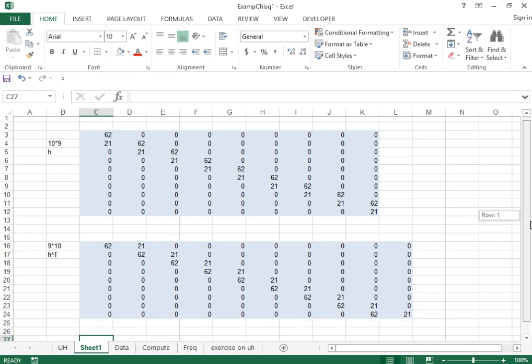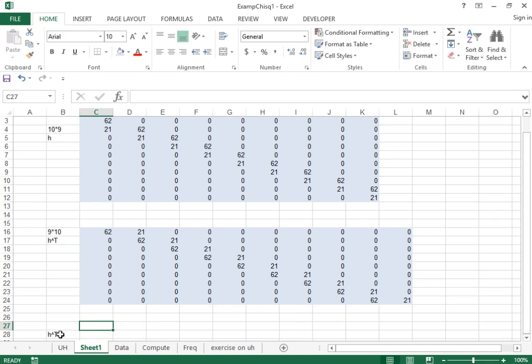But first we are multiplying this H transpose by H. The first is this one, H transpose, so that means 9 by 10, times the other, which is 10 by 9.